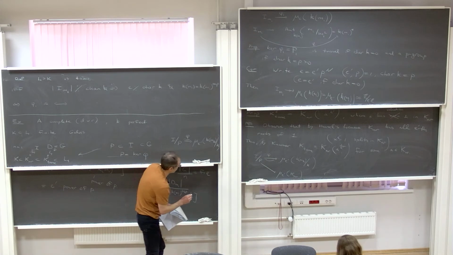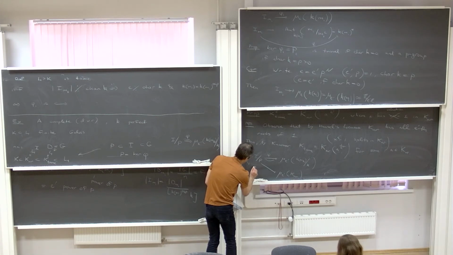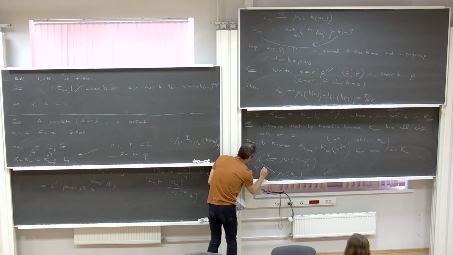How is it produced? Well, you take a sigma here, and you send it to sigma of A to the power 1 over e, over A to the 1 over e. Okay?